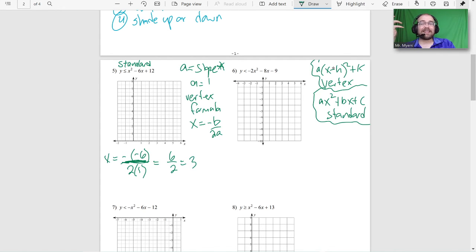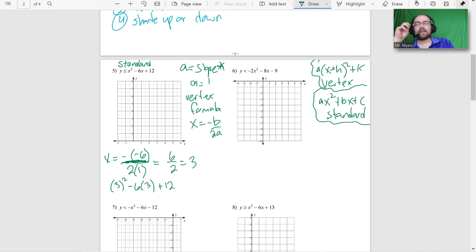Okay, so that's not the whole vertex. That's just the x value of the vertex. In order to find the whole vertex, you'd have to plug into the formula: x squared minus 6x plus 12. 3 squared is 9. 6 times 3 is 18.